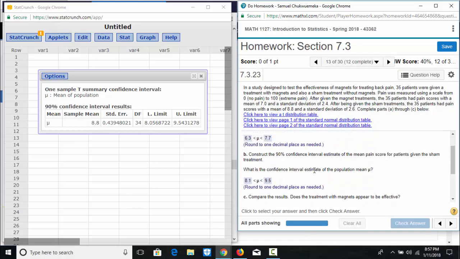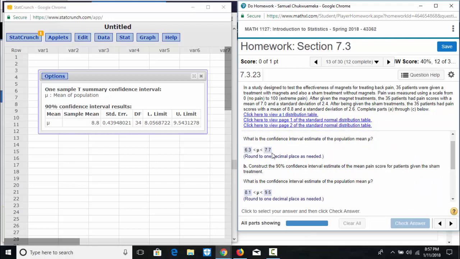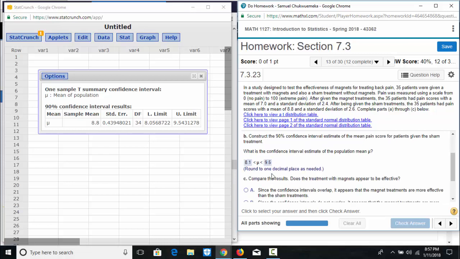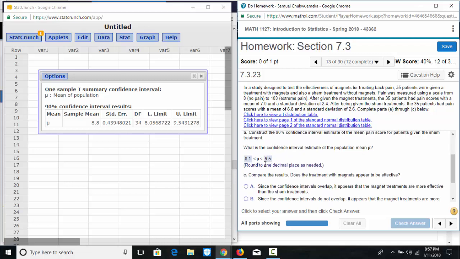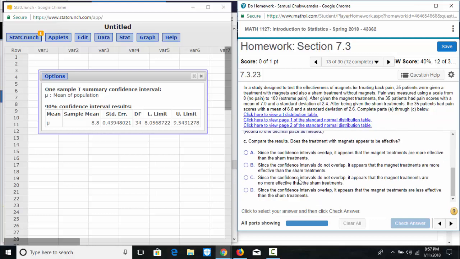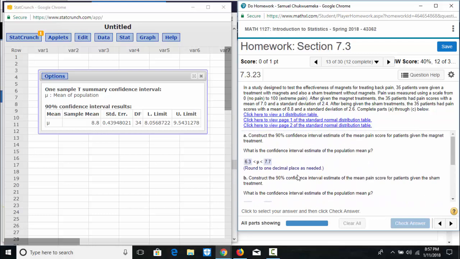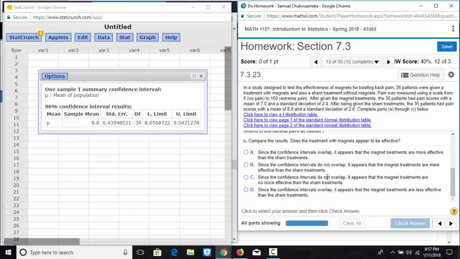Compare the results. So we compare these results. This is with the treatment, 6.3 to 7.7, and without the treatment is 8.1 to 9.5. Looks like the treatment really reduced it.